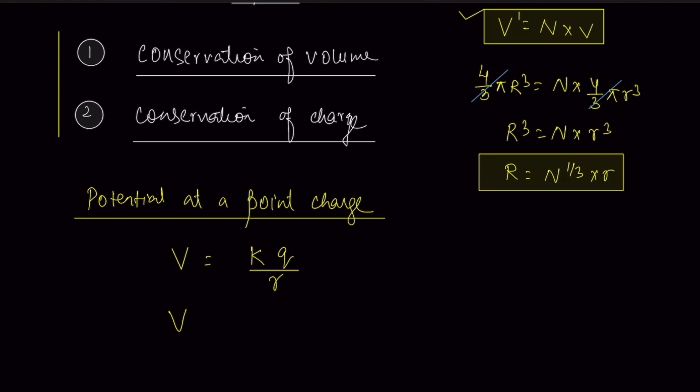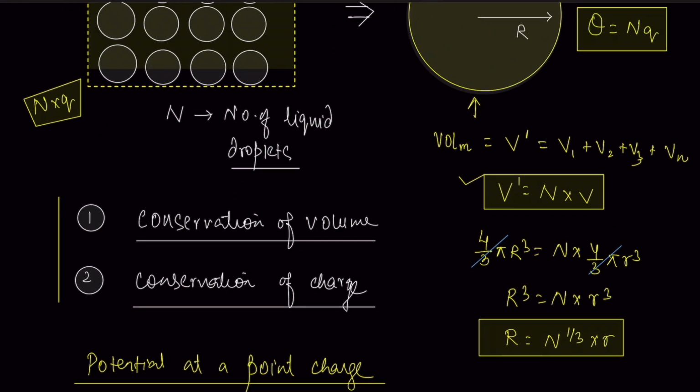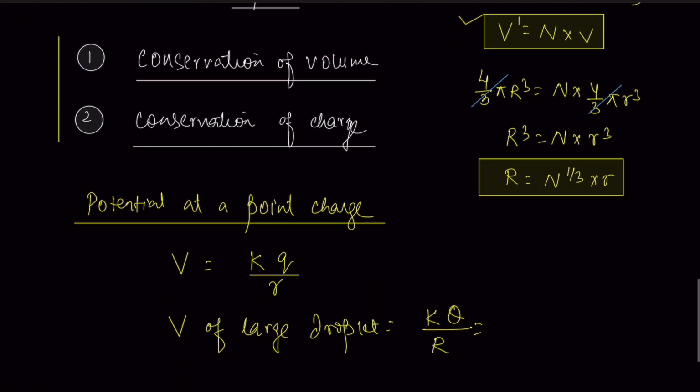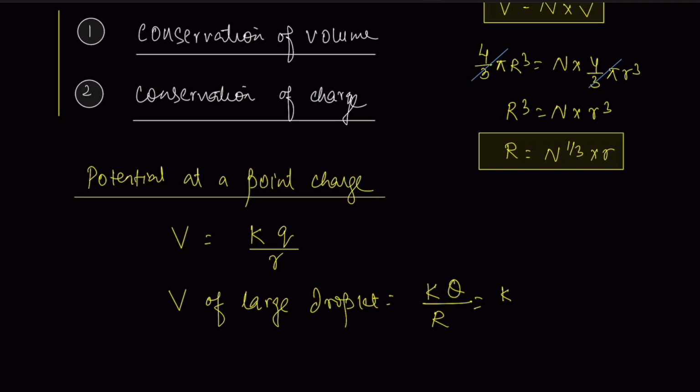So now, to find the potential of the large droplet, we can write it as k capital Q by capital R. And the relation of capital Q is n times small q. So if we substitute it here, n times small q by capital R, which is n to the power 1 by 3 times small r. After solving, we can say that it is equal to n to the power 2 by 3 times k small q by small r.